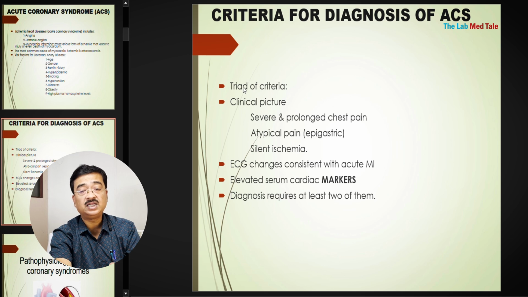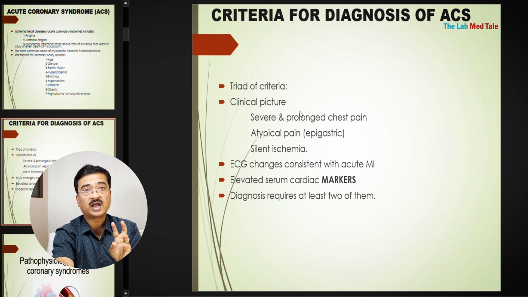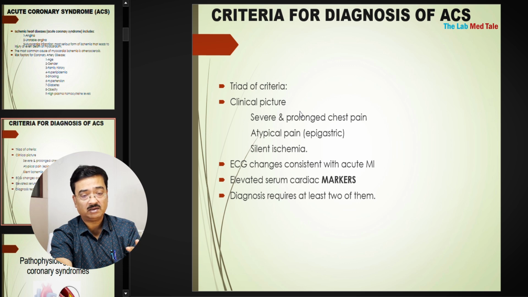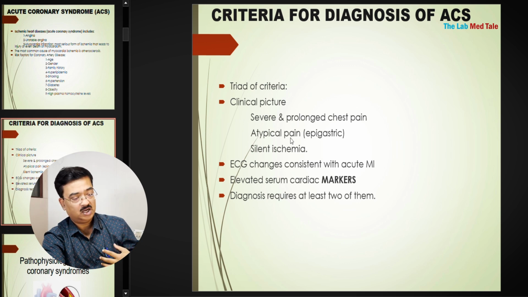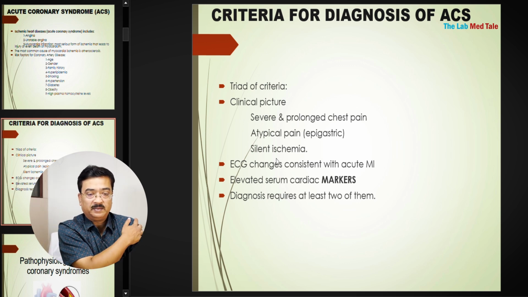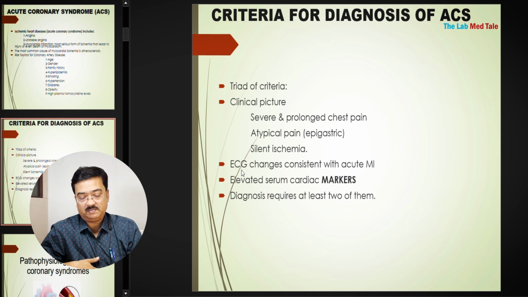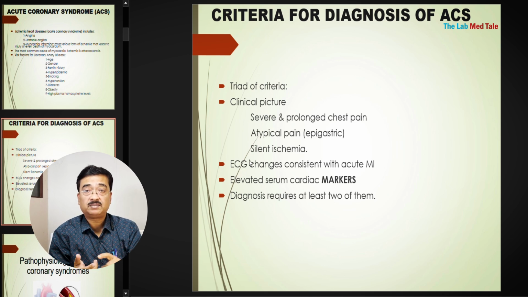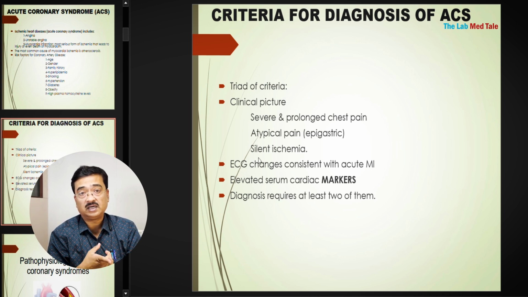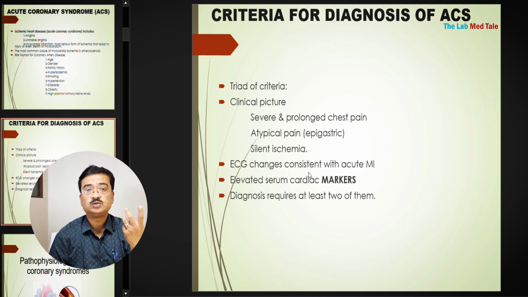Now the criteria for diagnosis of acute coronary syndrome is called the triad criteria. Triad criteria means, first, severe and prolonged chest pain, which may be atypical. Sometimes you may feel pain in the shoulder or in the epigastrium. The most difficult thing is that, particularly if you are a diabetic or neuropathy patient, you may have a silent angina. There is no pain at all, but the heart attack has happened.